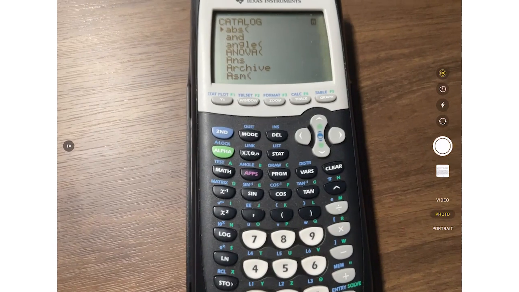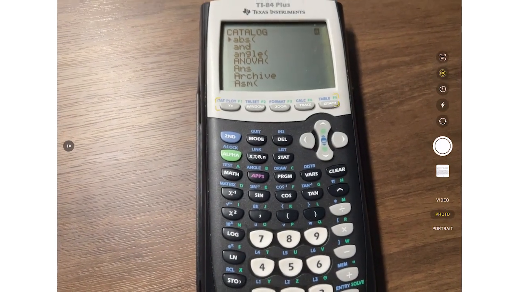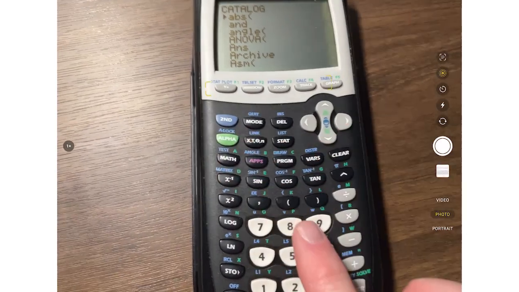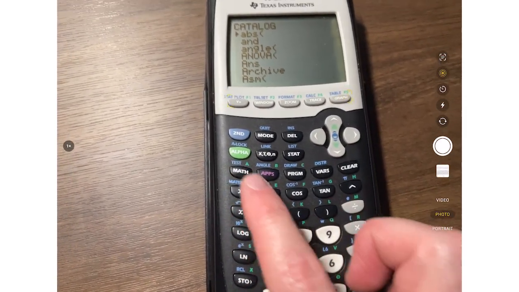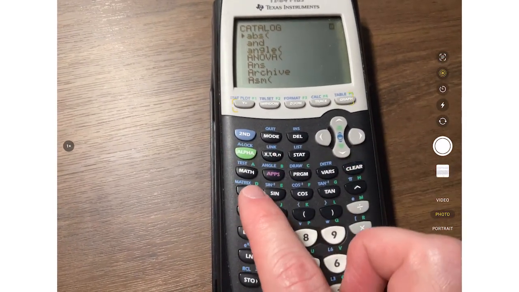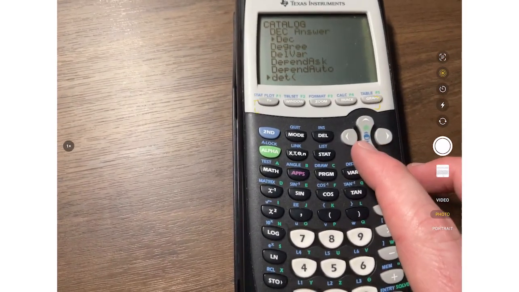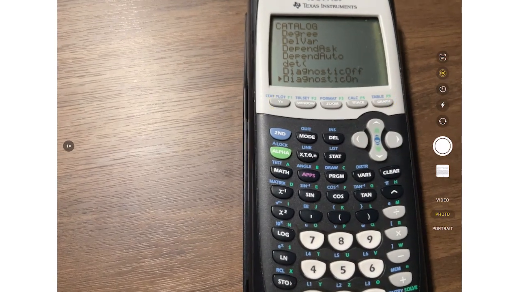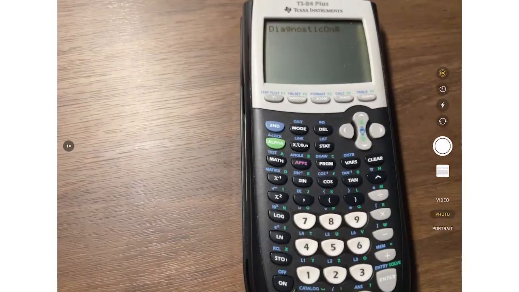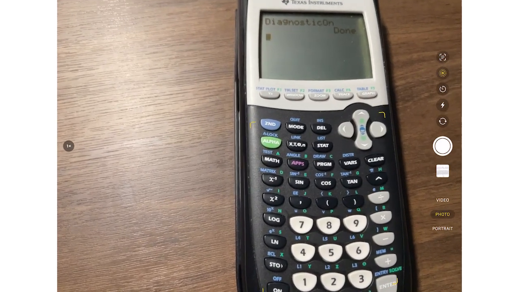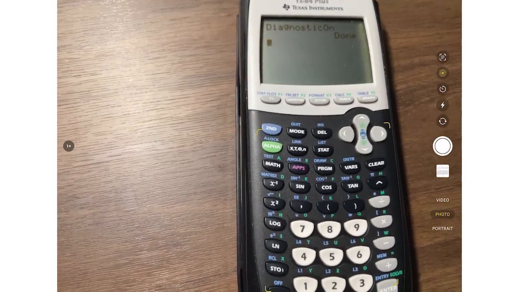The catalog comes up, and you can either scroll down to diagnostic on, or hit the alpha button, which is the green button, and then D. Sometimes you have to hit it twice. See, it scrolls all the way to the Ds, and you just have to go to diagnostic on. Click enter, and then click enter again, and make sure it says done. Now when you get the correlation, it'll pop up for you.